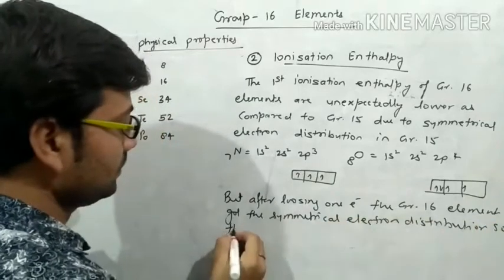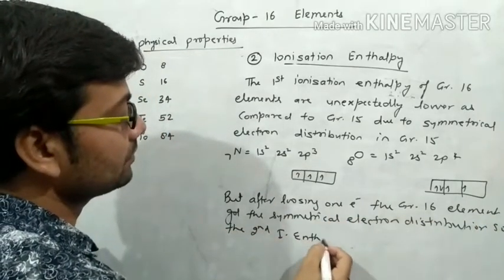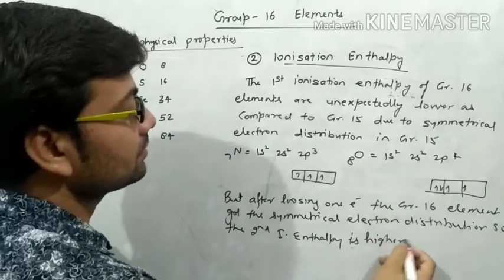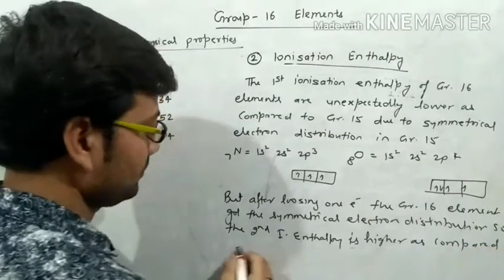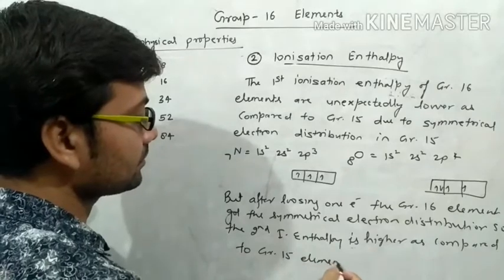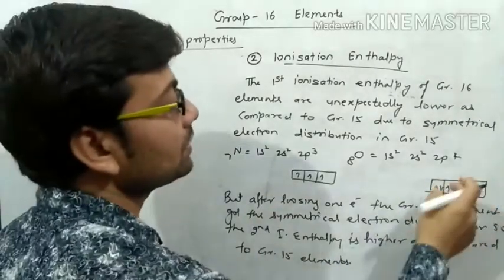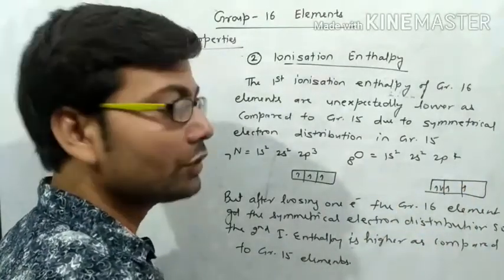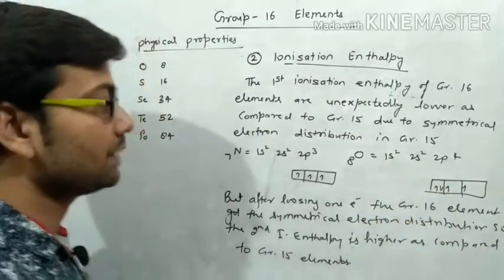So the second ionization enthalpy is higher as compared to group 15 elements, right? Because after losing one electron, oxygen gets the symmetrical electronic configuration. That's why it has higher ionization enthalpy, right?